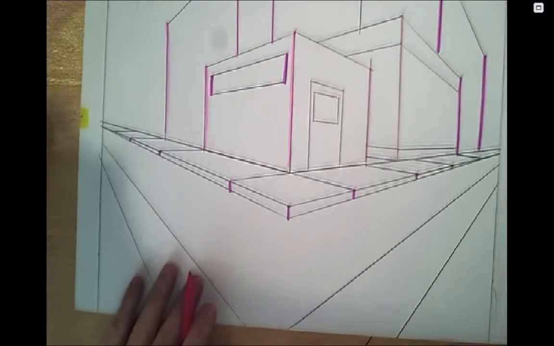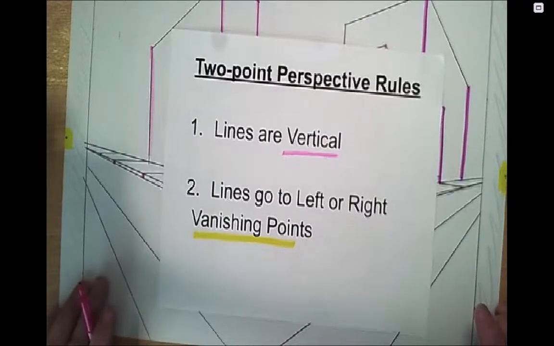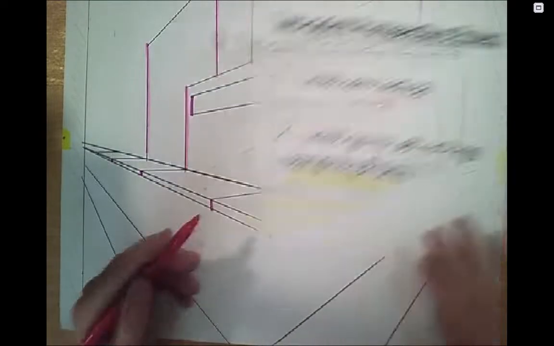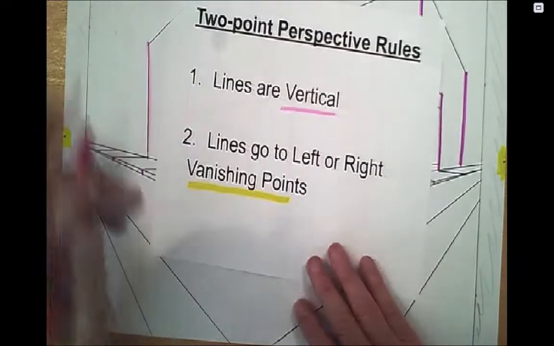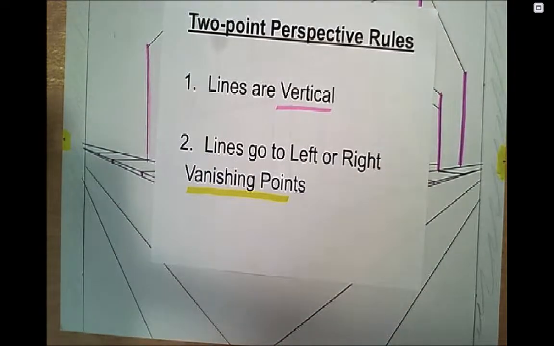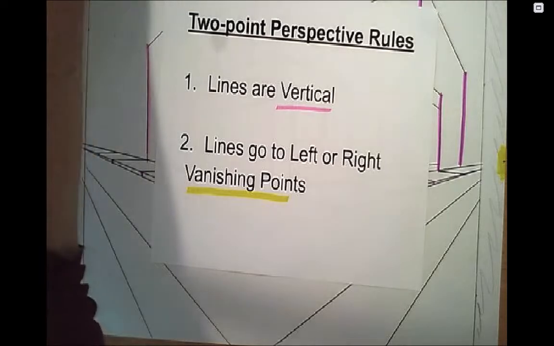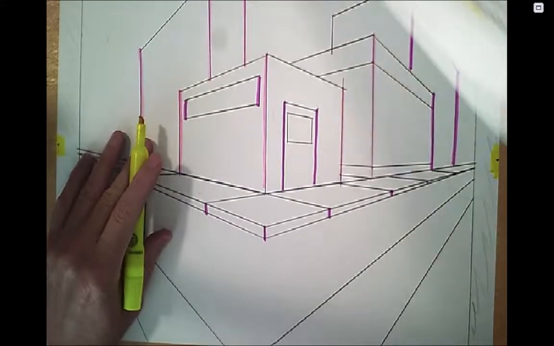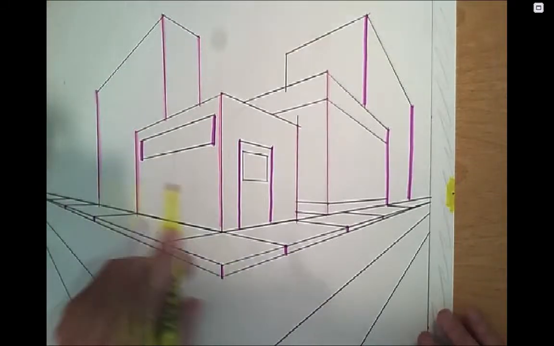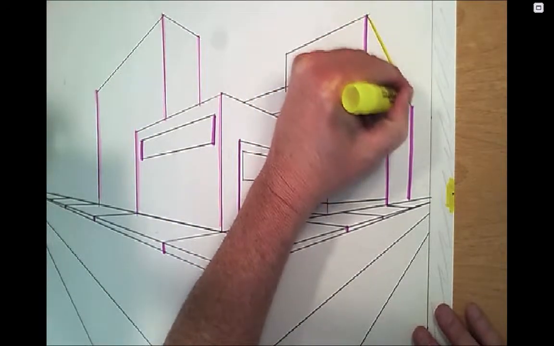Then, again, as we look at this, let's highlight some of our vanishing point lines using yellow. And so this line here goes to the vanishing point.